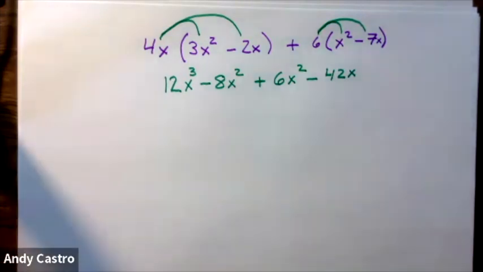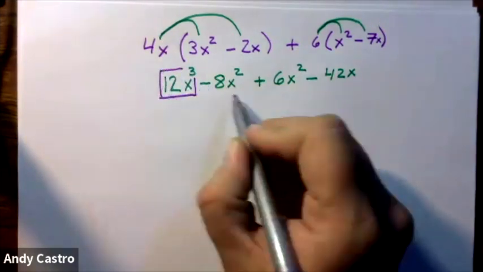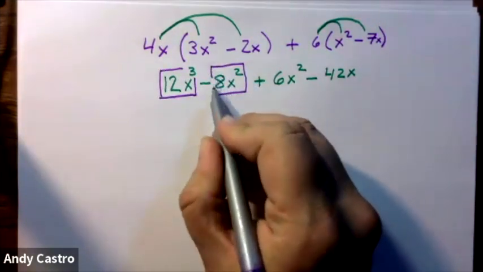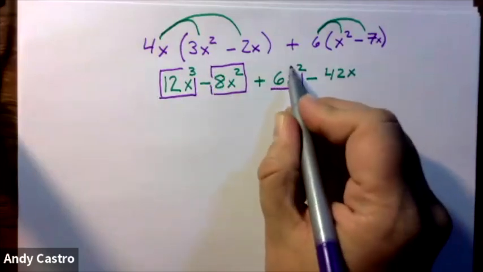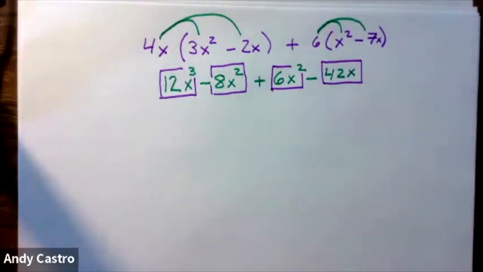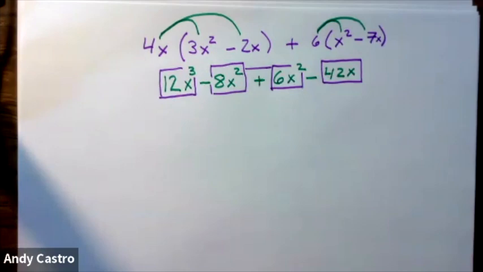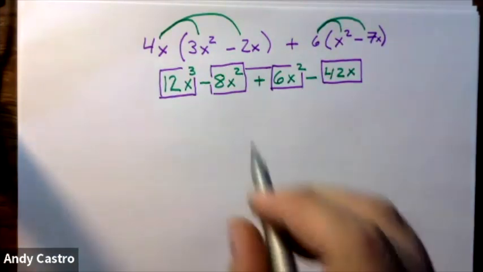All right, now let's see if we can combine anything. Okay, well, I've got x cubed, I've got x squared, I've got x squared, and I've got x. All right, I can combine these two right there. Those are both the same variable and the same exponent.